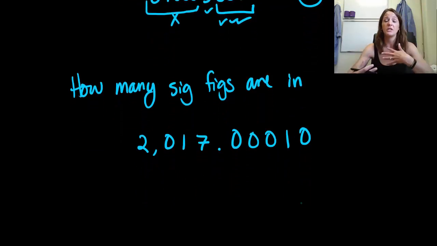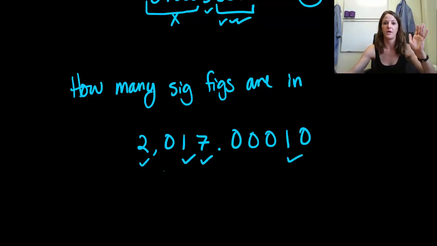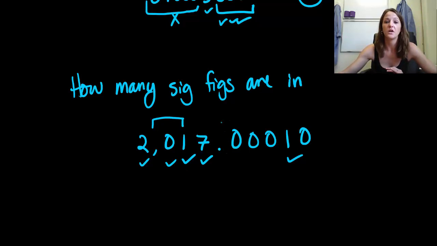The first thing that I always do when I'm trying to identify significant digits within some number is I go through and I correctly identify all of these non-zero numbers. So significant, significant, significant, significant. That always helps me. Now, if we have a 0 between significant figures, that's always significant, so that one's good. If we have zeros after a decimal that are after significant figures, those are always significant, so those count as well.